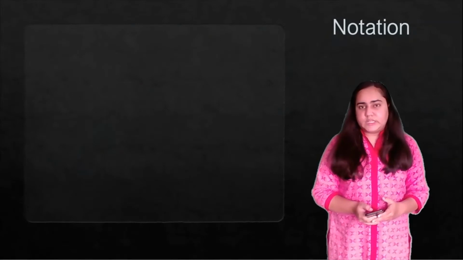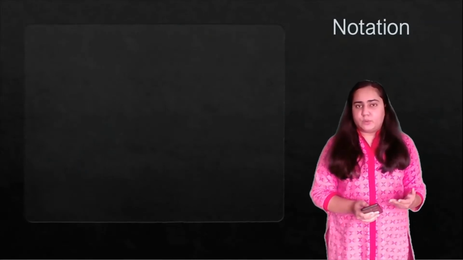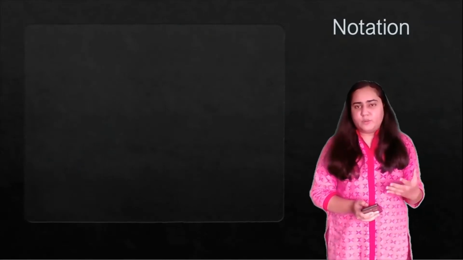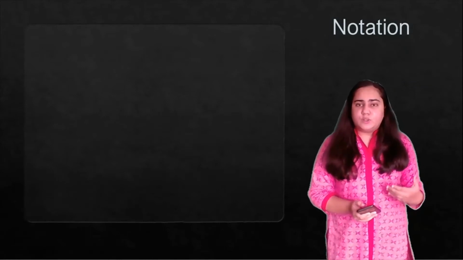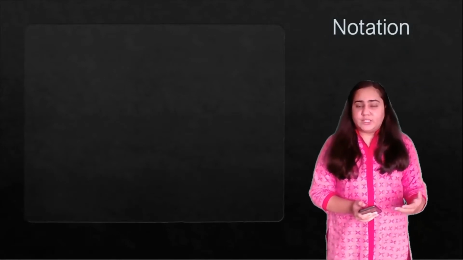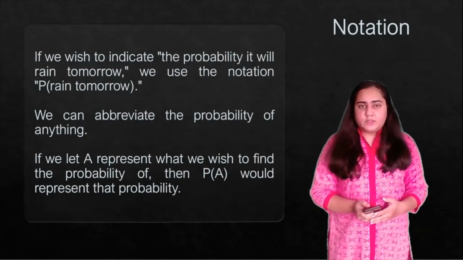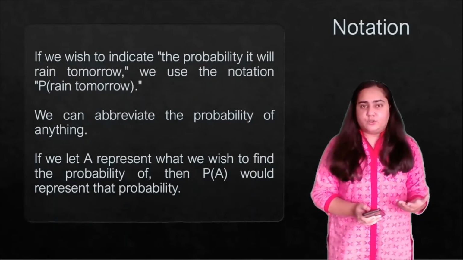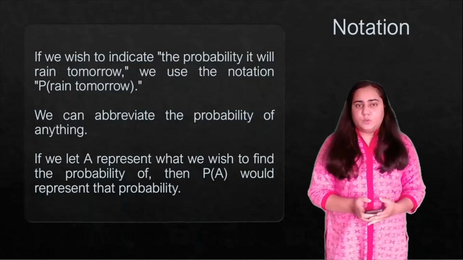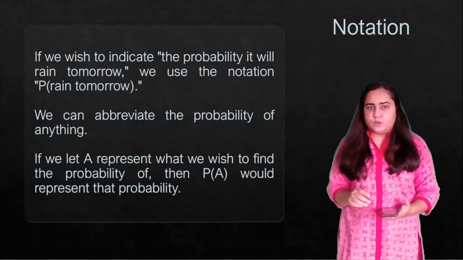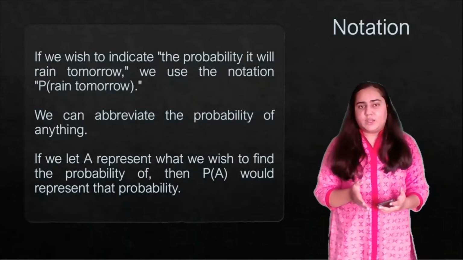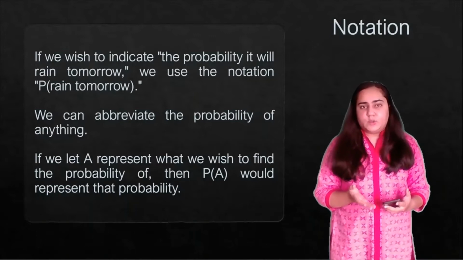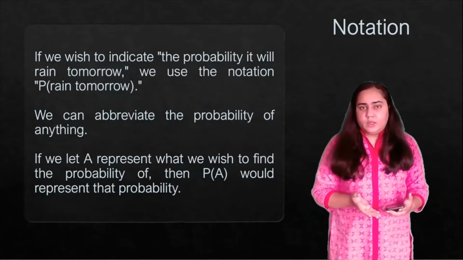Now, this is the notation used to describe probability, because when you're performing calculations, you don't want to keep on writing the word probability all the time. So if you wish to indicate the probability that it will rain tomorrow, then you would write it in this manner. You will write down P and then in brackets, rain tomorrow. So in this way, you can abbreviate the probability of anything.